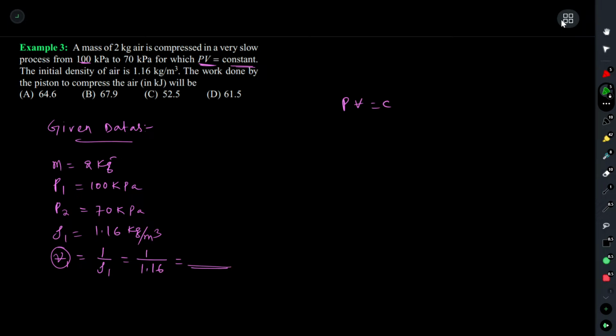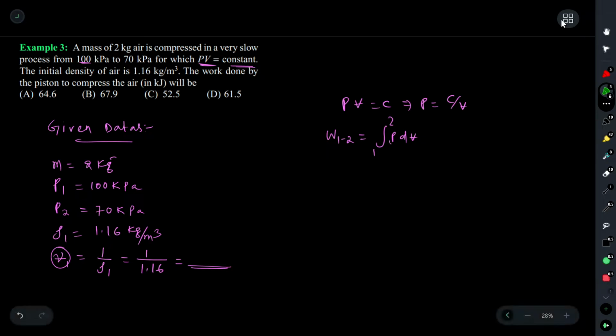And we know the equation for net work done for any closed system will be equal to the integration from state point 1 to 2 of P dV, right? And from here, if we try to find the value of P, then we can find P equal to C by V, right?